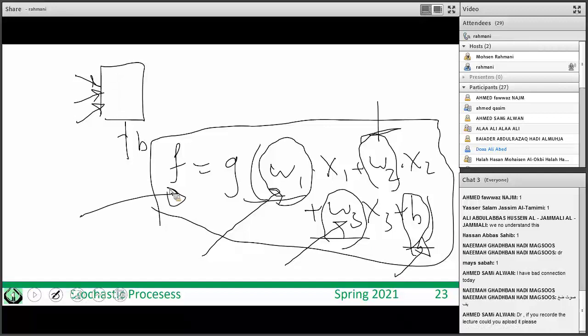This equation that I have written here is the general form of a neural network, a one-layer neural network. This is one layer, and this is a neural network with one neuron. This is the formula for this neural network.